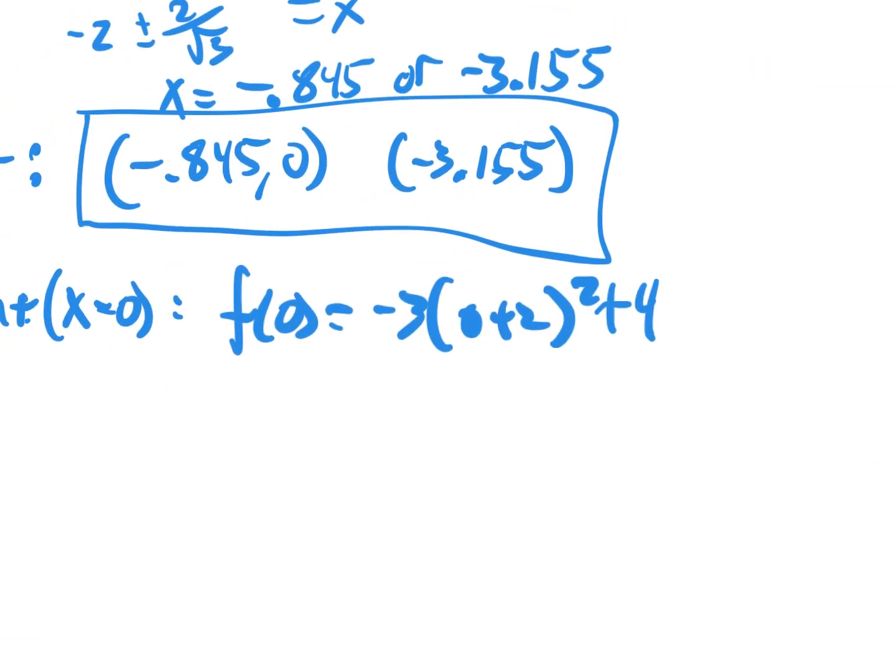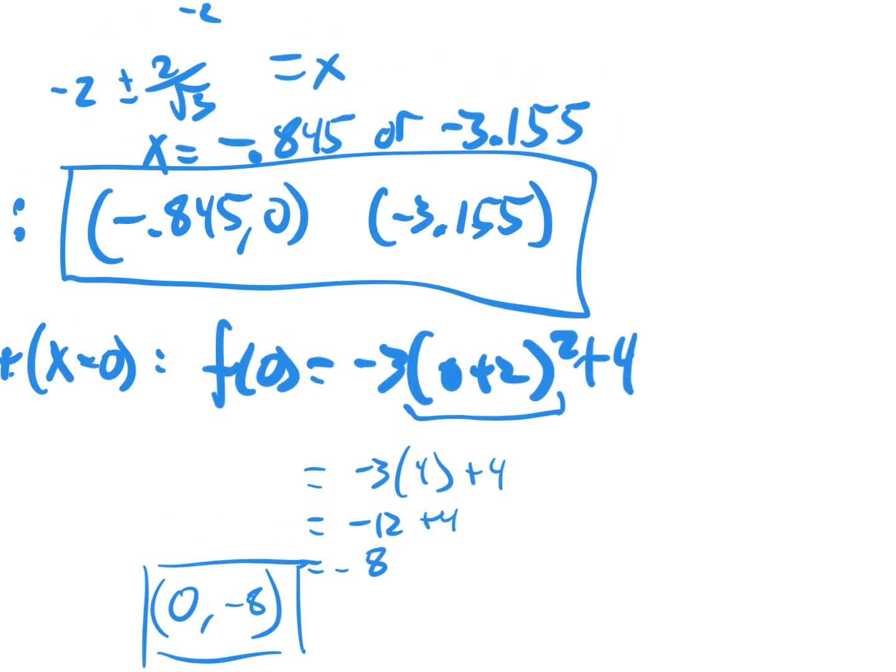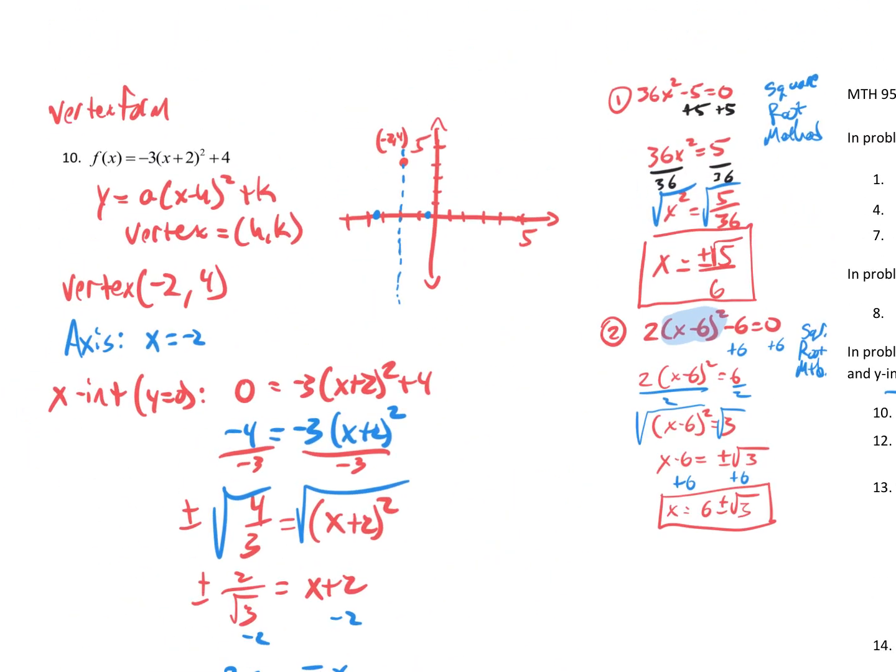All right, and that's going to give us -3 times 2 squared, which is 4. -3 times 4 is -12 plus 4, which is -8. So this gives us the point (0, -8), and that is our y-intercept. So it's going to cross at -8.